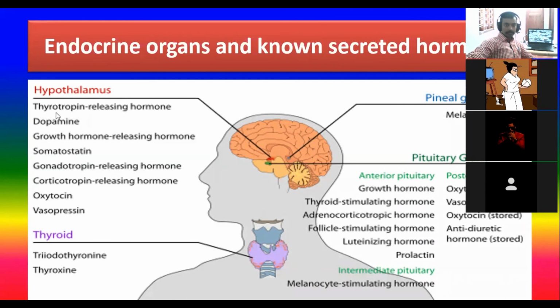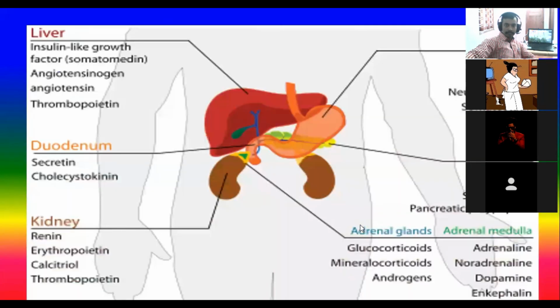Mainly hypothalamus produces thyrotropin-releasing hormone, dopamine. The details will be learned separately. Okay, just see the pictures where the important endocrine glands are situated. Each endocrine gland and its explanation will follow.